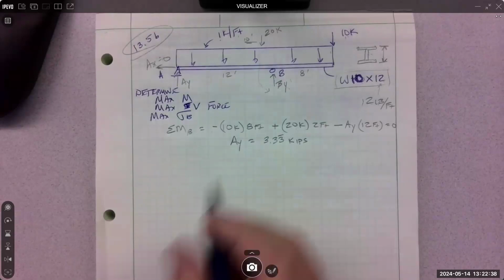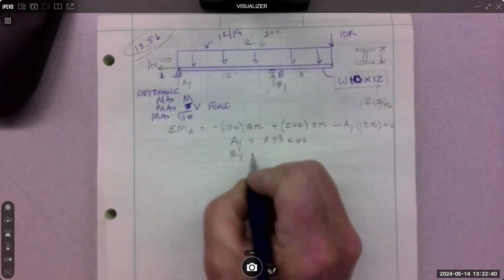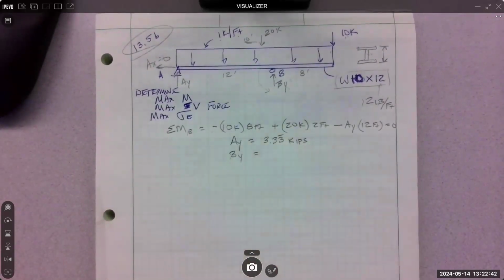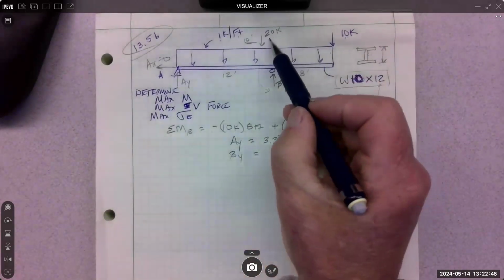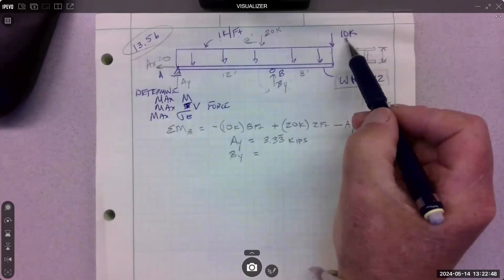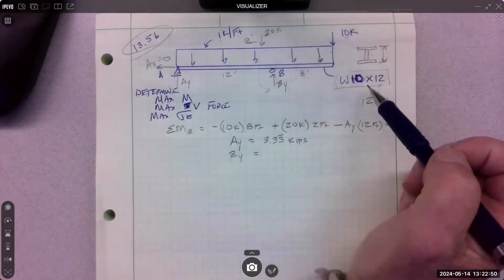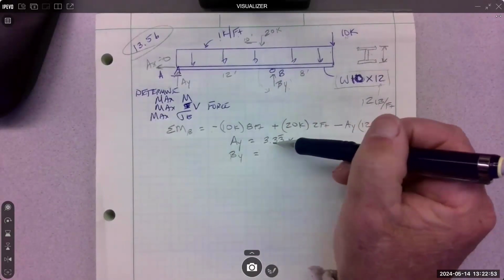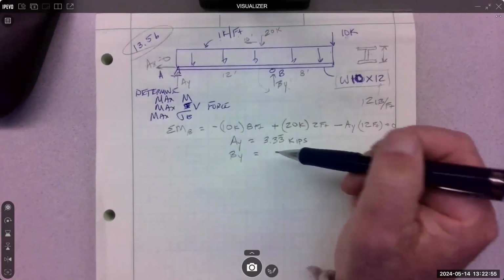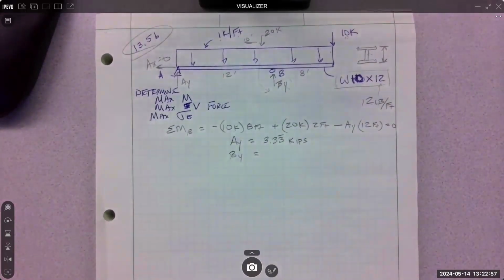So how do we get By? Just sum all the downforce, which is 20 plus 10, 30 down. And then we have an up of 3.33, so we need a bunch at B. 26.